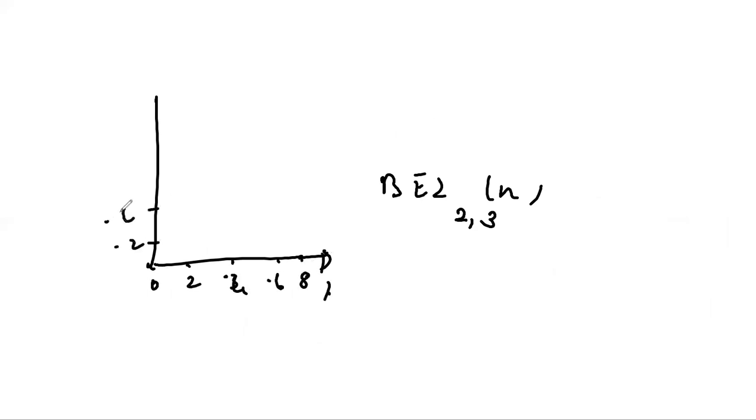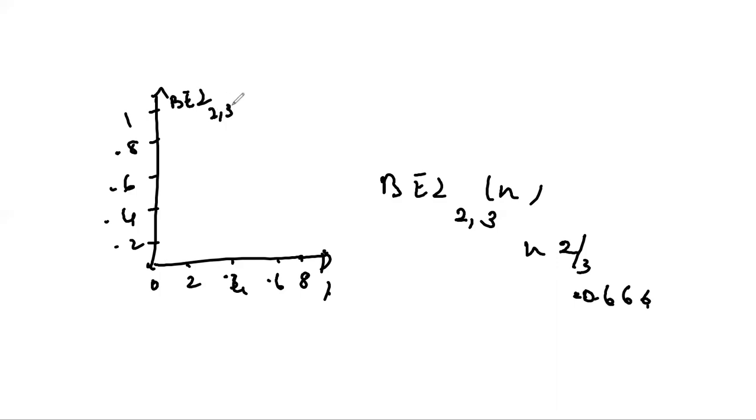Similarly 0.2, 0.4, 0.6, 0.8 and 1. We have already written that in this case it is maximum at 2 by 3, which is equal to 0.666. Somewhere here, if you start with the first point, that is Bez 2 3 of u.